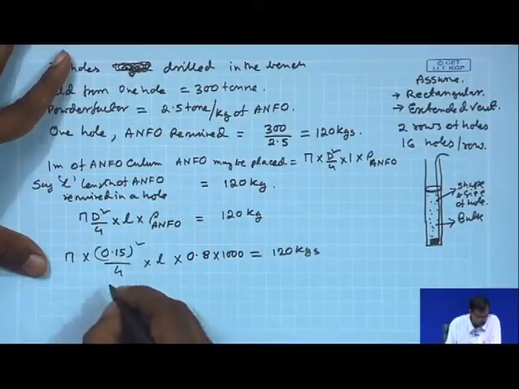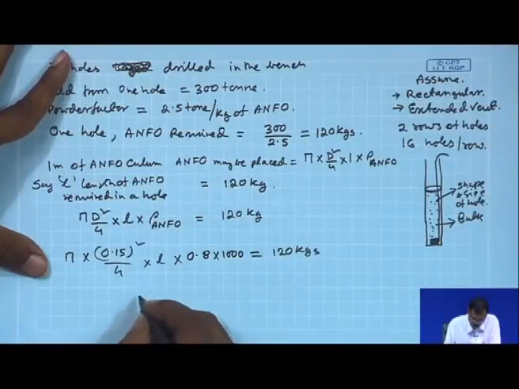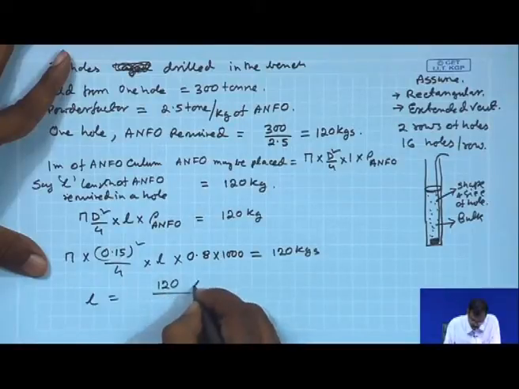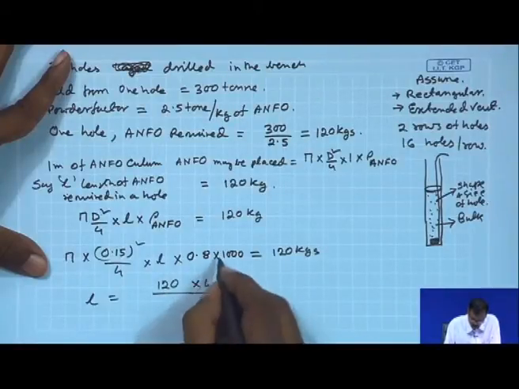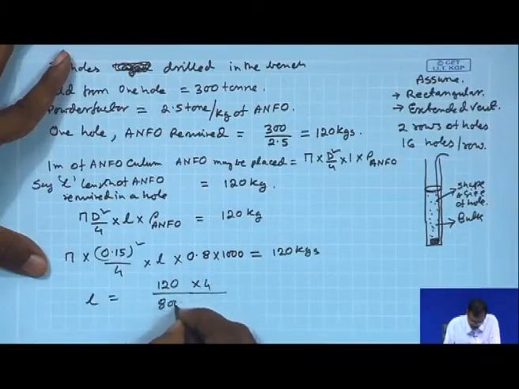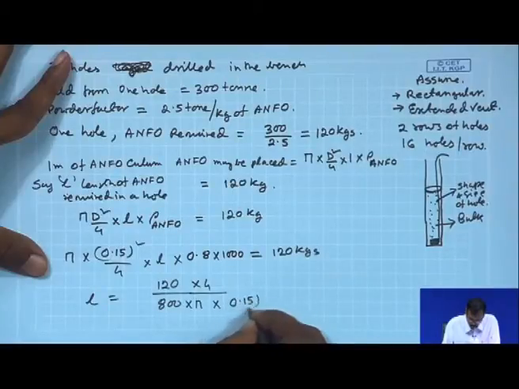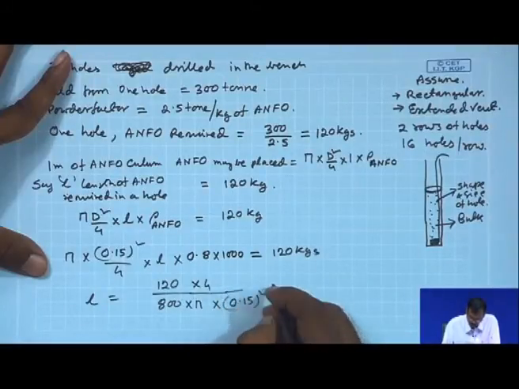So, if you solve this problem, you will get the L is equal to 120 into 4 divided by 800 into pi into 0.15 whole square.